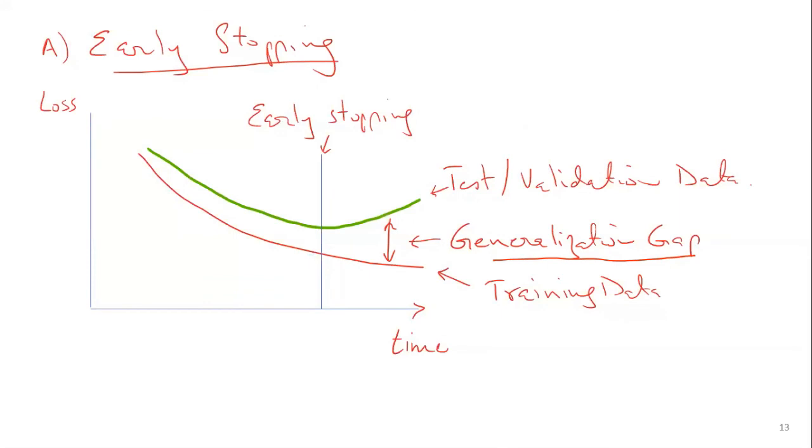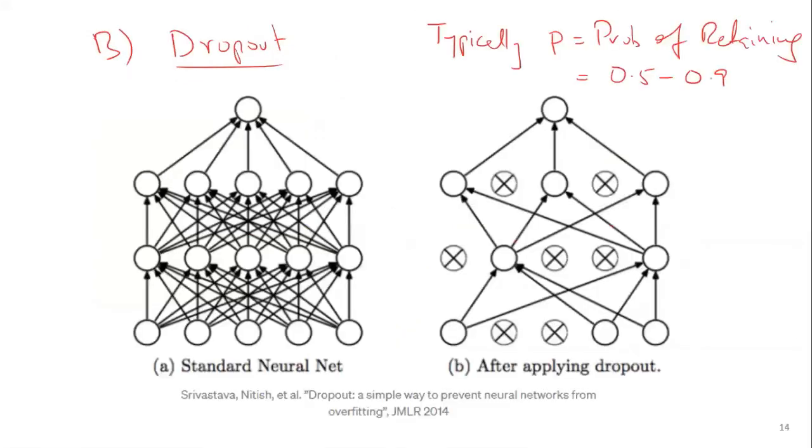So let's look at it again. What is early stopping looking at? So it's trying to stop overfitting, okay? And what is dropout trying to achieve? Yeah, so what do you think dropout is trying to achieve?